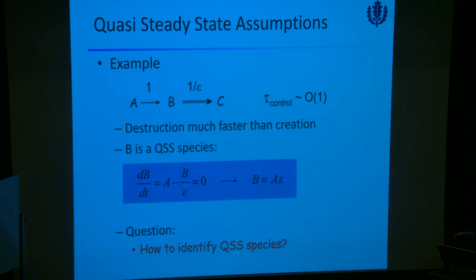Therefore, for a quasi-steady-state species, if you look at its concentration with time, dB/dt, 1 times A is the formation rate, minus B times 1/epsilon is the consumption rate, right?